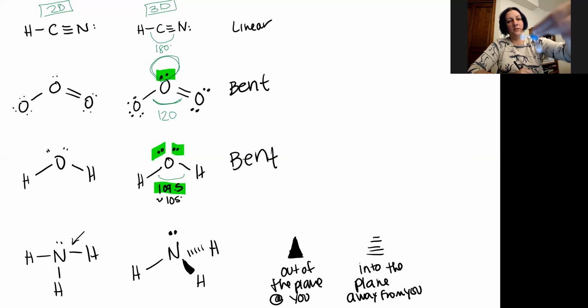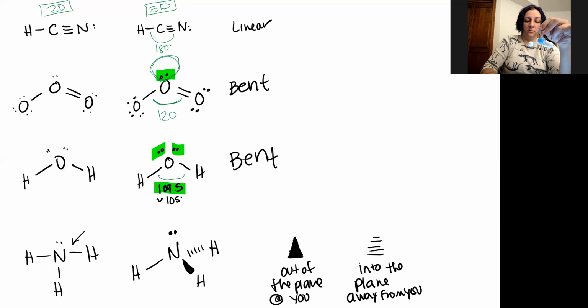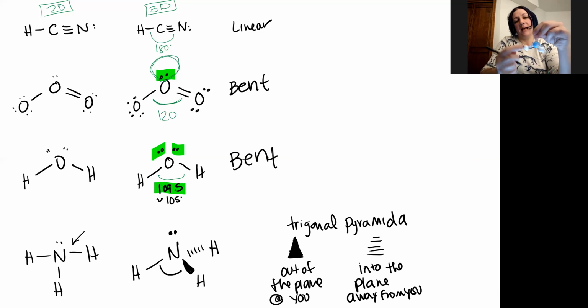So here's our ammonia. This geometry around the central atom is called trigonal pyramidal. And that bond angle between our bonded atoms, it's fine to say 109.5, but it's really closer because this lone pair takes up more space.